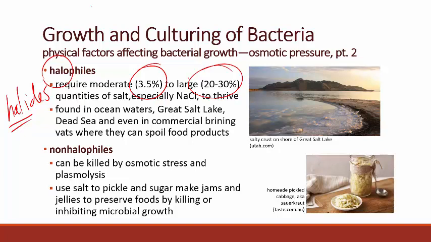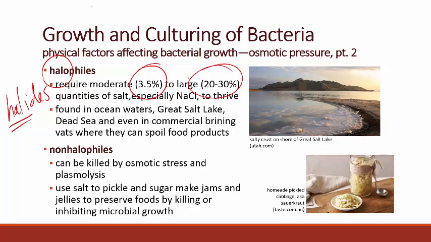And so we find these kinds of moderate to large quantities of salt in ocean waters, and then in captured lakes that have a lot of salt water in them. So the Great Salt Lake, for instance, the last remnant of the great inland sea that used to flood across the central plains of the United States.